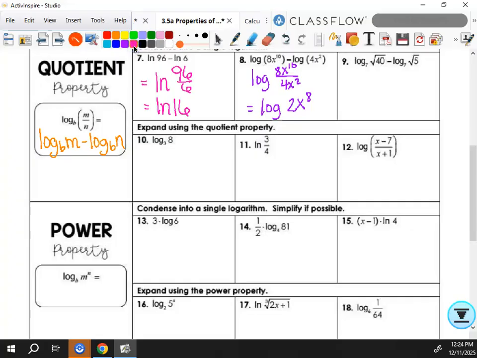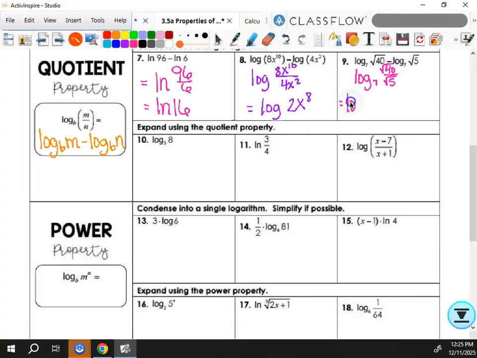This one here would be log base 7 of the square root of 40 over the square root of 5. If I'm dividing two square roots and there's no addition or subtraction, can I reduce what's inside there? Yes, that's legal, as long as they're both under the square root.